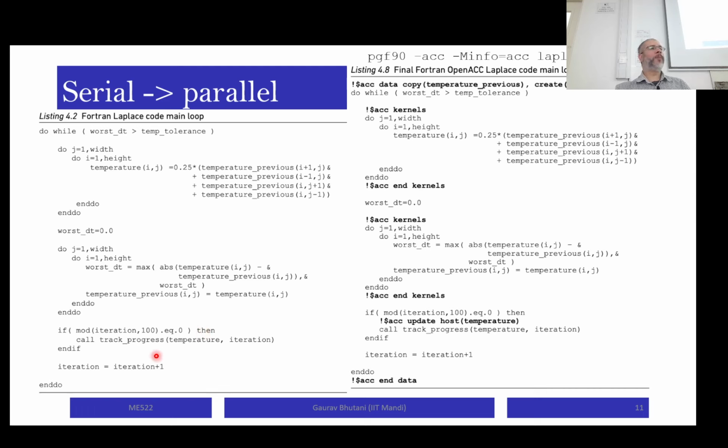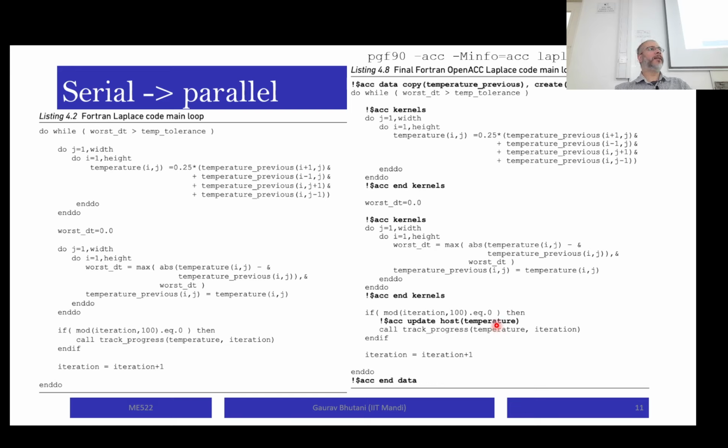So, whenever you want to print it, you have to explicitly copy the data from the temperature matrix on the device to the temperature matrix on the host. So, just before this track progress subroutine, you have an ACC update host. What that does is, just before this, it copies the temperature from the device to the host, so that you have the latest value of the temperature matrix available on the host, and you can print it now.